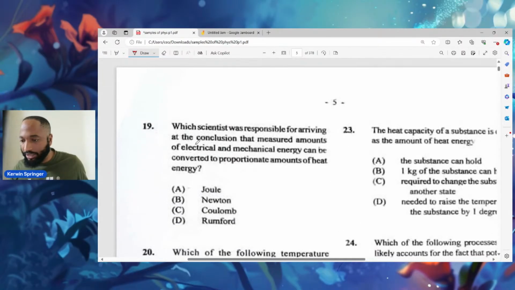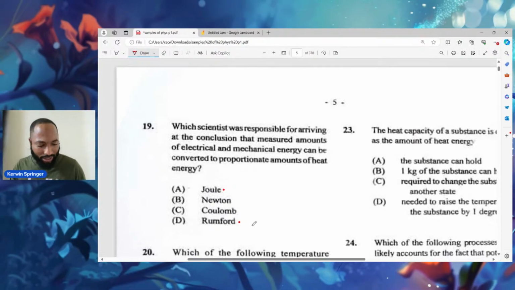Which scientist was responsible for arriving at the conclusion that measured amounts of electrical and mechanical energy can be converted to proportionate amounts of heat energy? So this one had a little fight between Joule and Rumford. But one is to do with the cannonball.